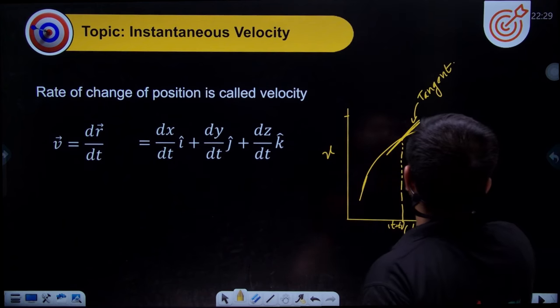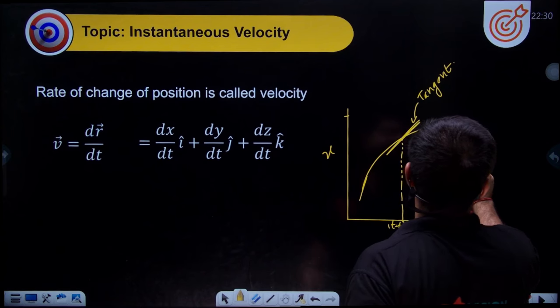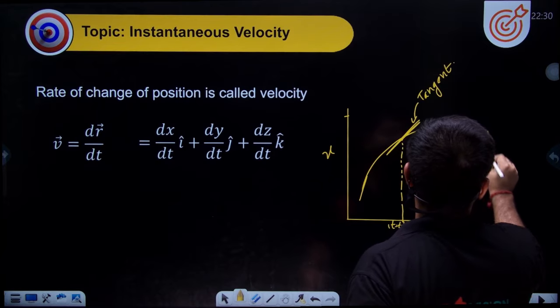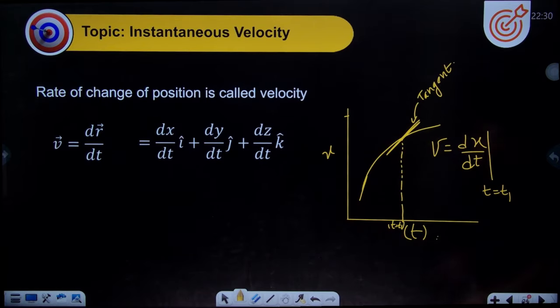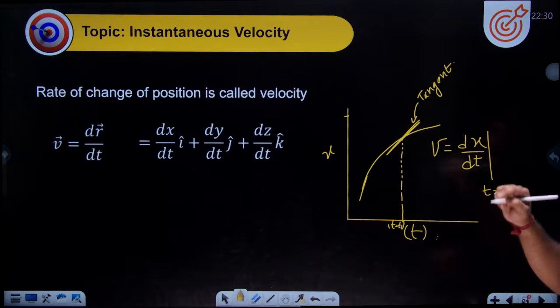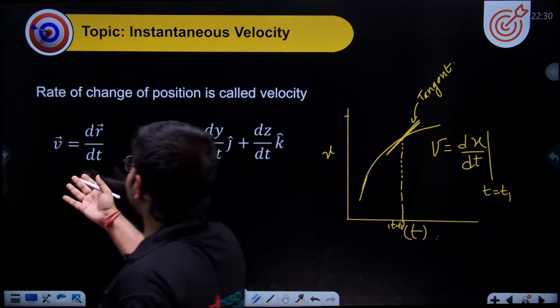So this is nothing but what we call v is equal to dx/dt at time t is equal to t1. So this is how we write it. The same thing they have written.